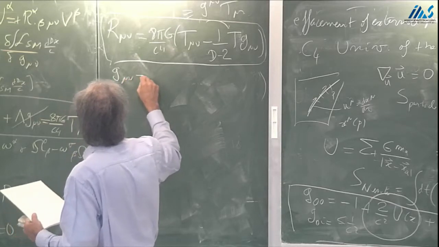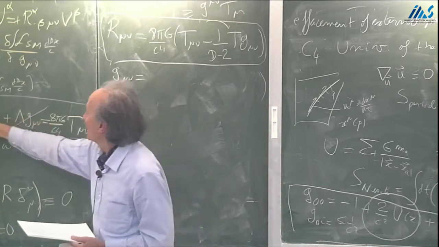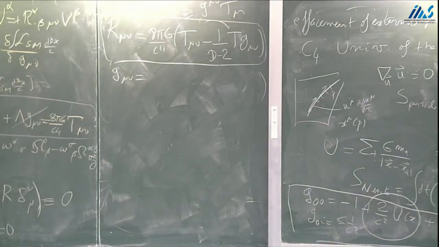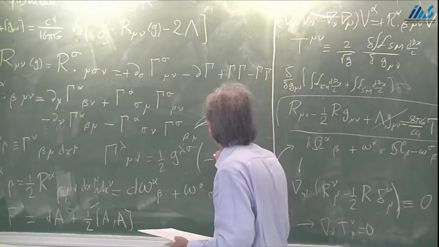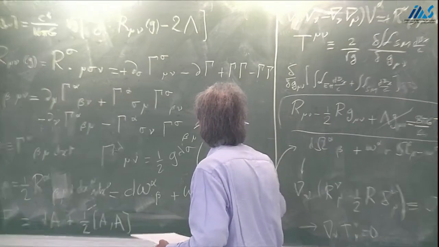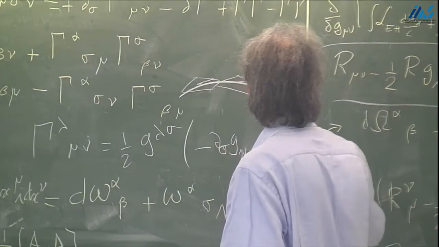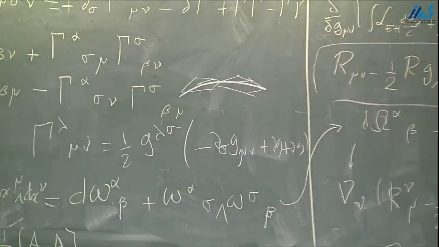This calculation consists in saying, okay, let me take Einstein equations with R mu nu defined by gamma, defined by this, and remember, you have the definition of gamma. Gamma lambda mu nu is 1/2 of g lambda sigma, and here you have three terms. I will just write the last one, minus d sigma g mu nu, and then you have two terms with a plus sign, derivatives of g with the indices written in the way that you know.